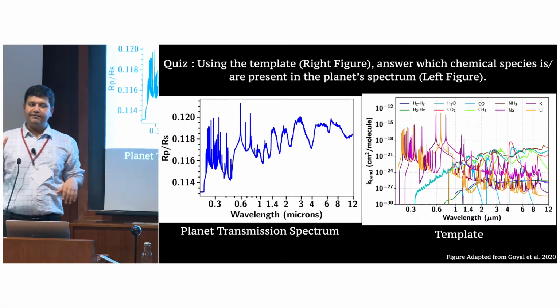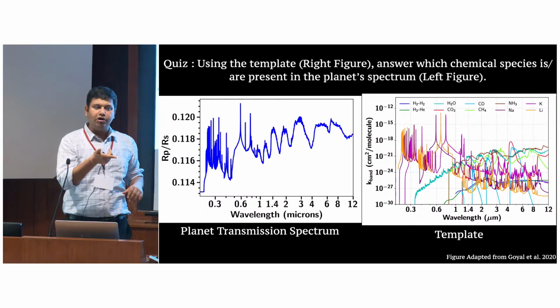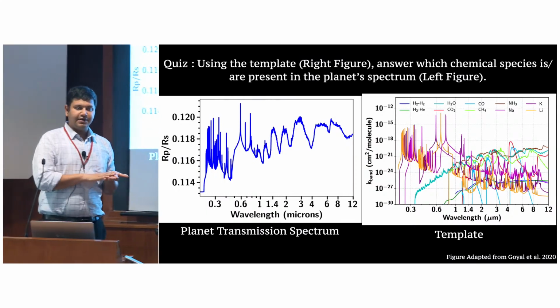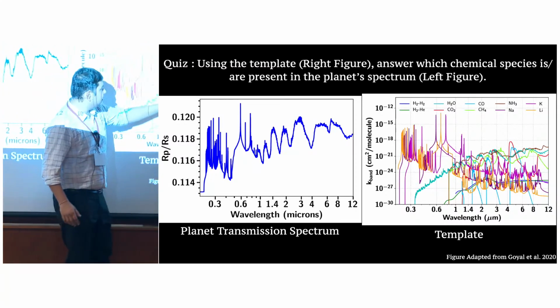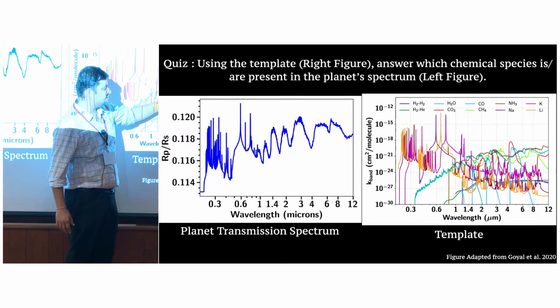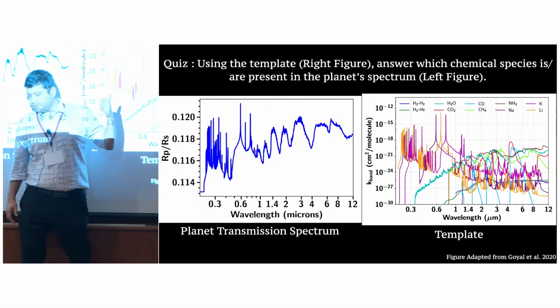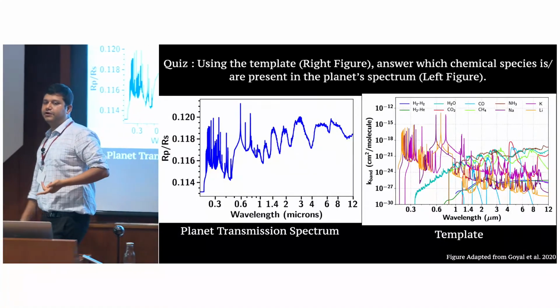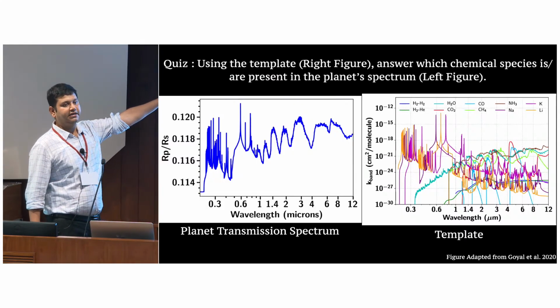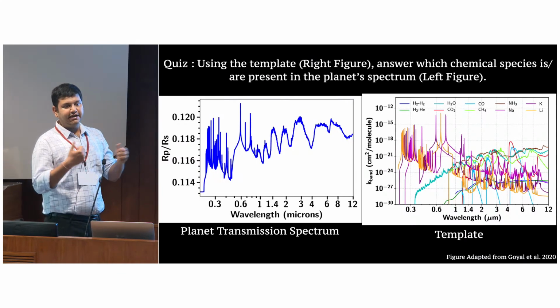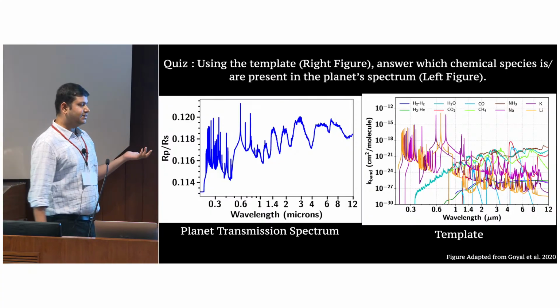At a given wavelength, there might be a combination of two molecules that absorb. That then becomes very tricky. Like here, in this regime, there is water absorbing, and there are some other molecules absorbing. So in that case, what do we do? It becomes very tricky because all of this is combined in the transmission spectrum. So we have to decouple these effects, and there lies the challenge.